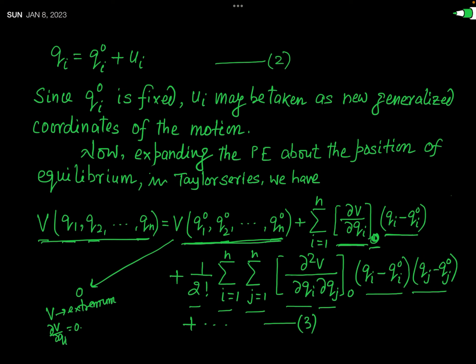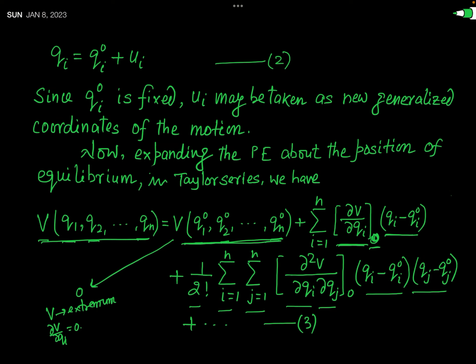This will be definitely equal to 0. So this second term will be 0. The first term is constant, which we have assumed 0, but this second term is definitely 0. We have not assumed it, but it is 0 because V is extremum at the equilibrium position.